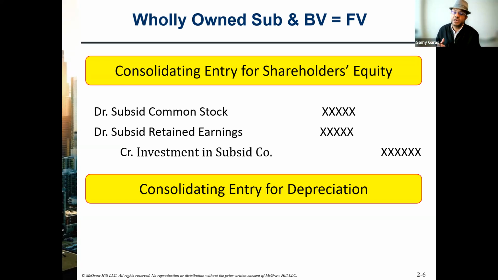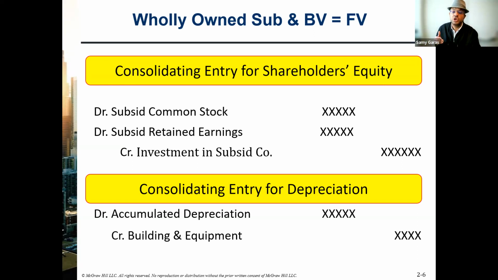If the subsidiary company has depreciation during the year, we debit accumulated depreciation, credit building and equipment. So all these journals, we made several times in chapter 2. I'm going to use most of them in chapter 4, but I will add a few more accounts because of the difference between the fair value and the par value in chapter 4.